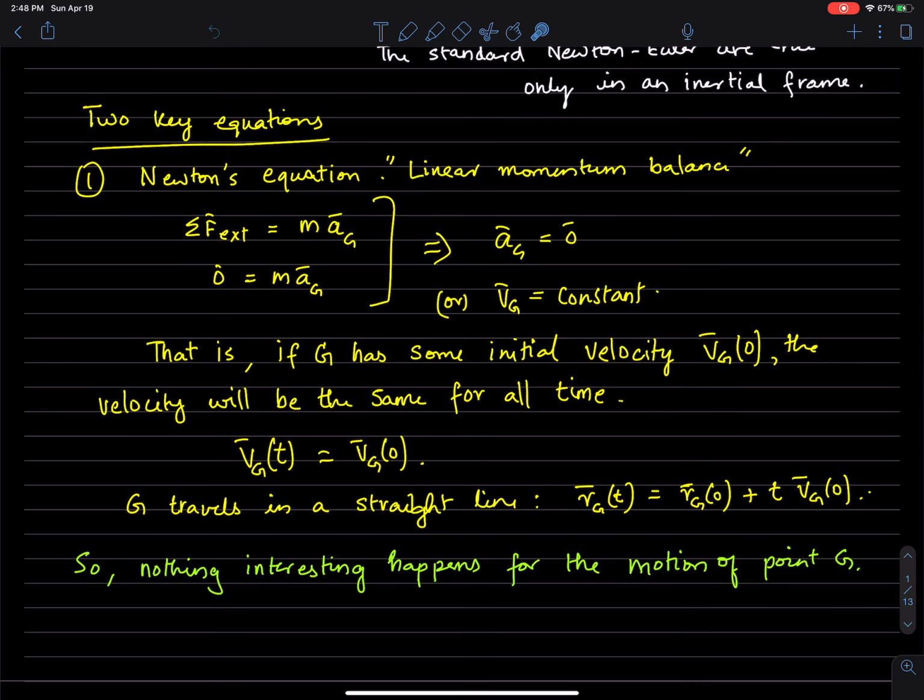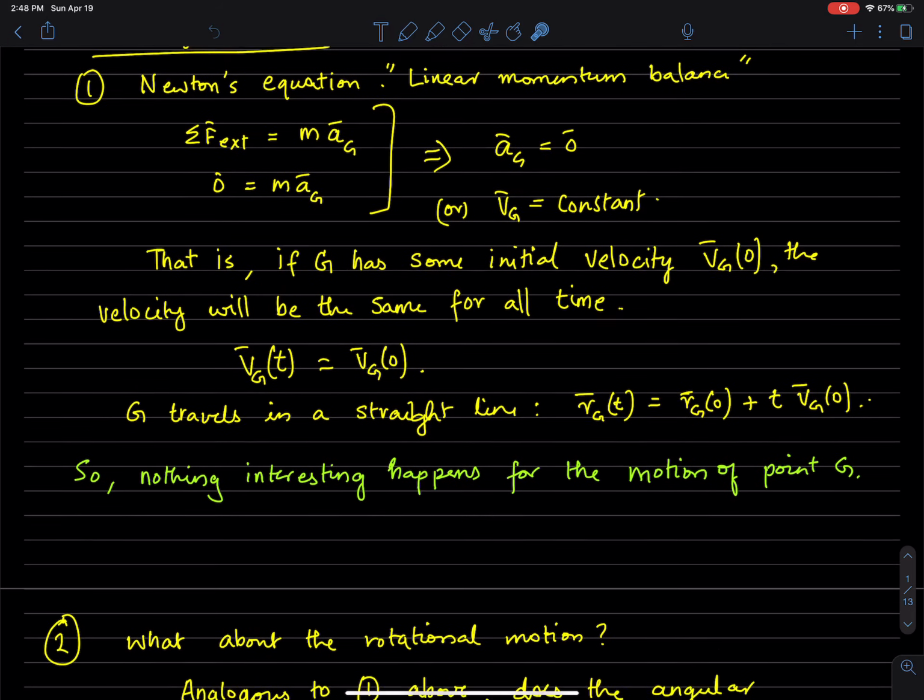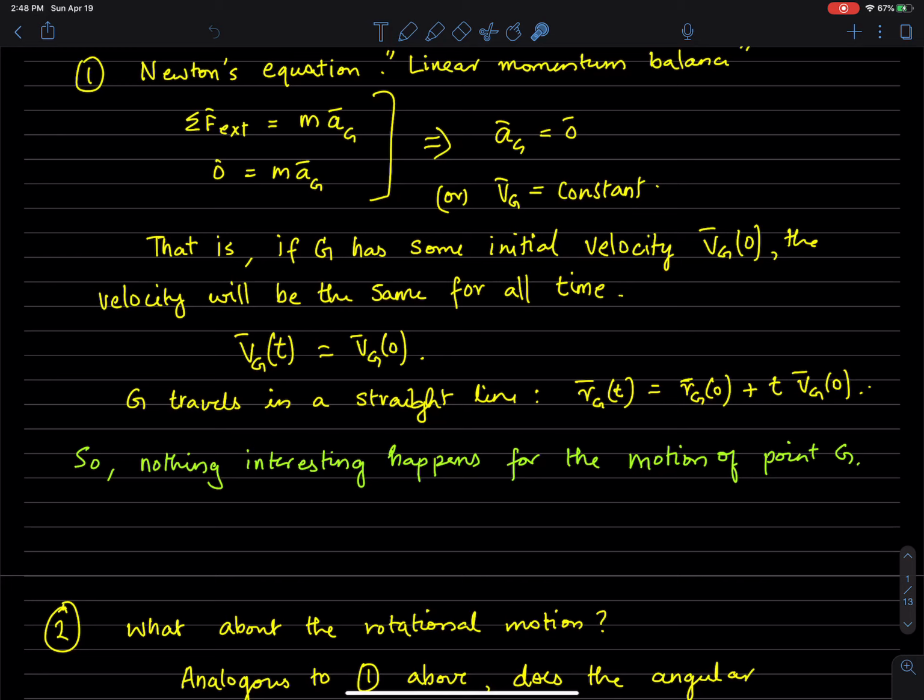Linear momentum is conserved. Velocity is constant for the rigid body for all time. So if G has some initial velocity, V sub G of 0, the velocity will remain the same for all time. Another consequence is that if G moves at all, G moves in a straight line, because if the velocity is a constant, the only motion consistent with that is straight line motion.